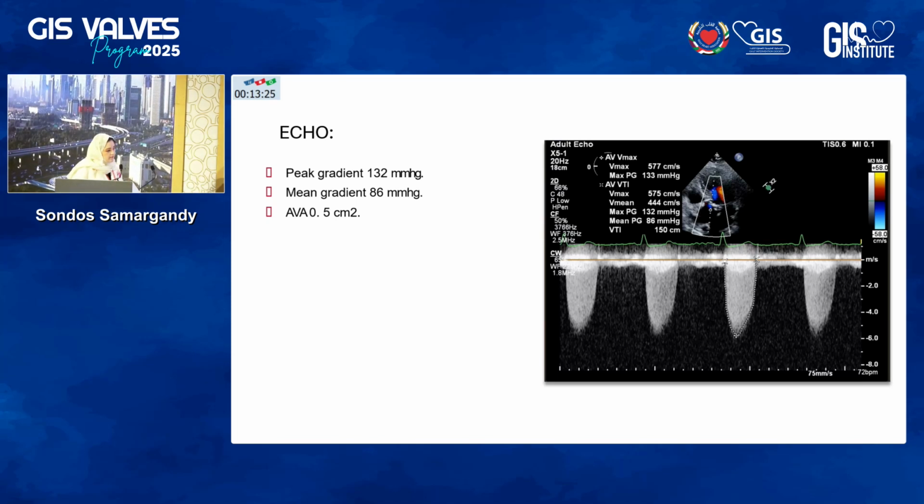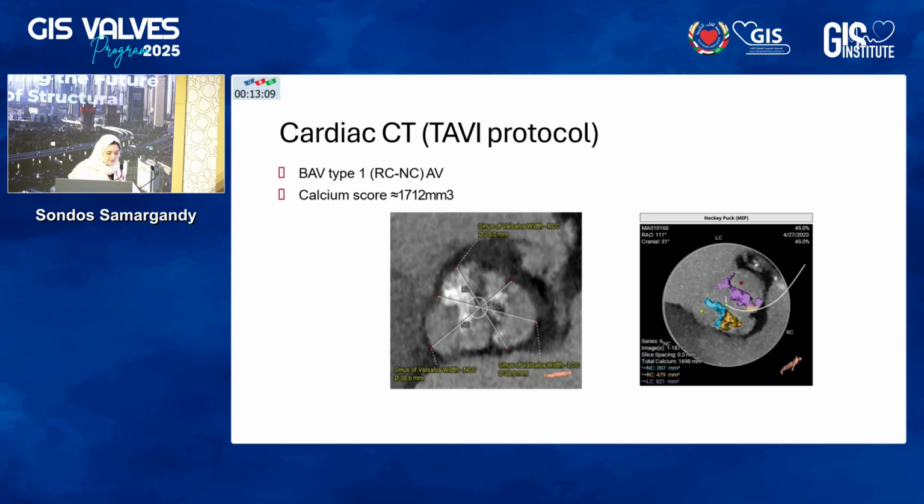So if I have a high gradient, even if I have a valve area that's more than 1, using the Doppler, using the dimensionless index, obviously making sure that there's no hyperdynamic circulation, if it fits with the morphology of the valve, I rely more on that to grade the severity of the aortic stenosis if the valve area was overcalled because of a large LVOT.